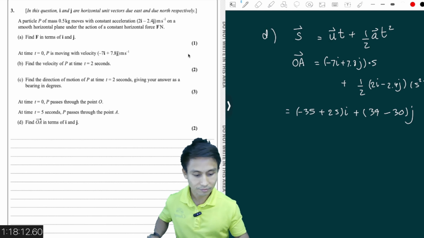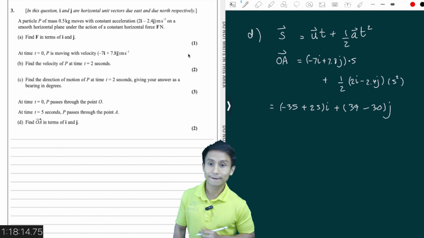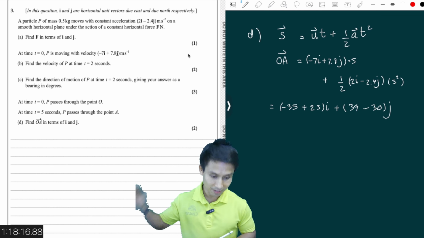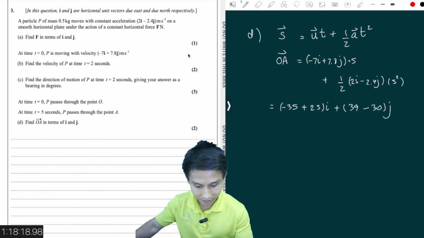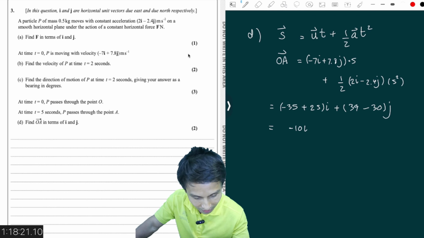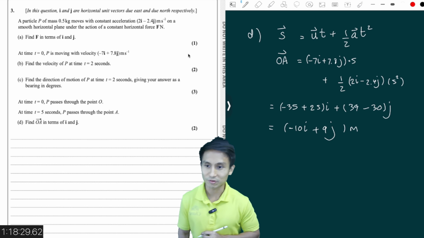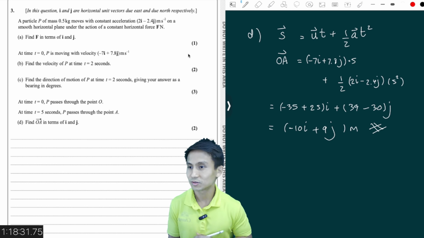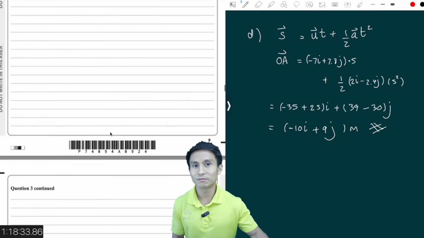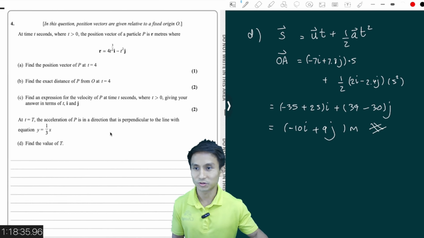Is that good? Yeah, should be fine. So that's minus 10i plus 9j meters from the origin in terms of i and j. That's it. Just use SUVAT straight. Number 4, we are good.